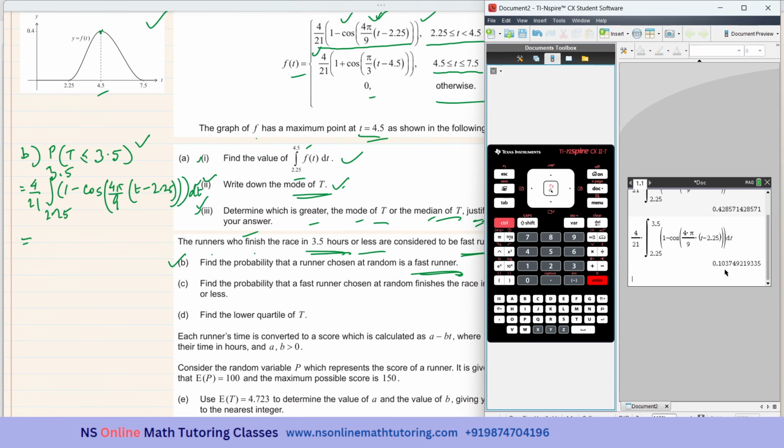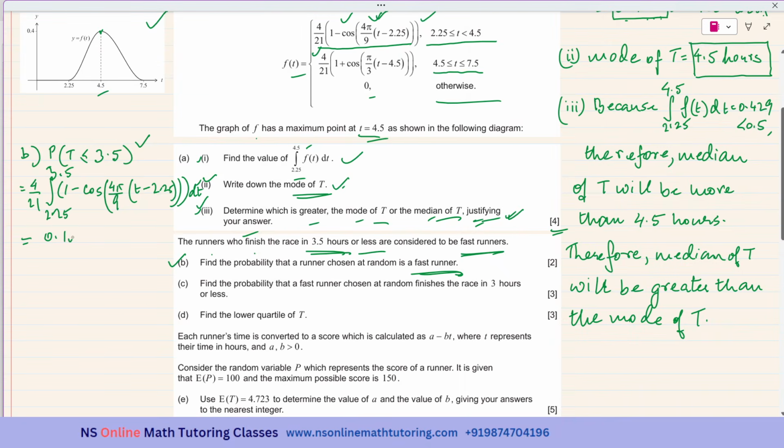I'm taking 0.1037492, which is equal to 0.104 correct to three significant figures.